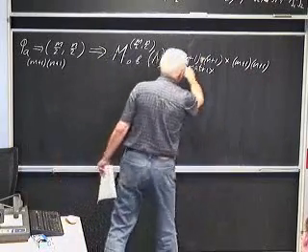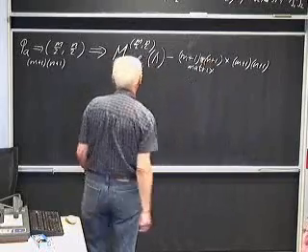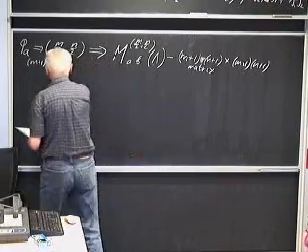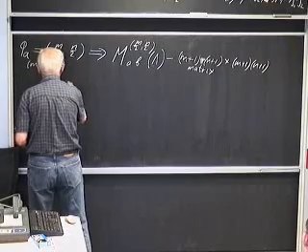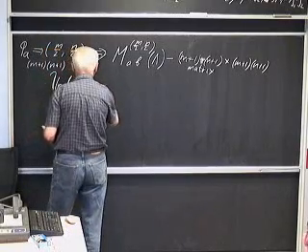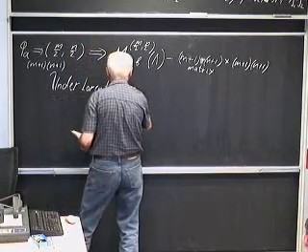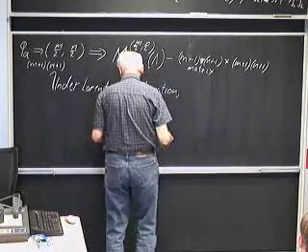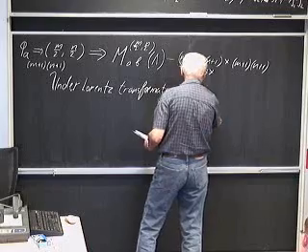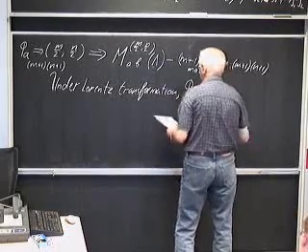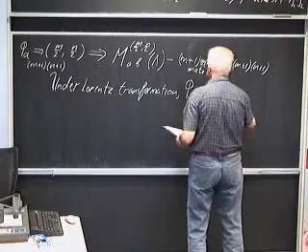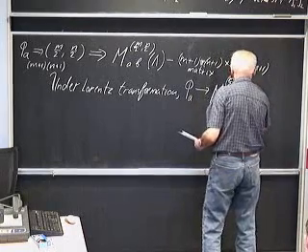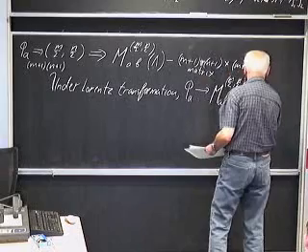For (0,0), we have 1 times 1, so this is just not a matrix, but a number. Under a Lorentz transformation, what we have is this: phi_A goes to M_AB(lambda) phi_B.